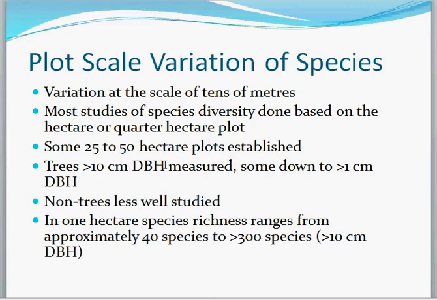In these 50 hectare plots, stems were measured down to 1 centimeter DBH, and that was important because scientists could then study recruitment and regeneration, which is a critical part of understanding the distribution of species.